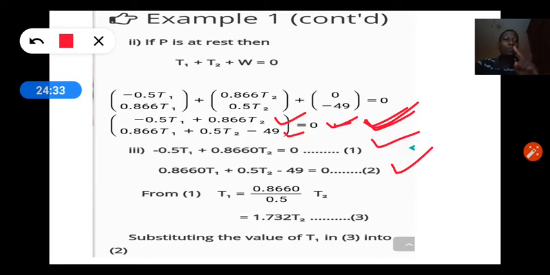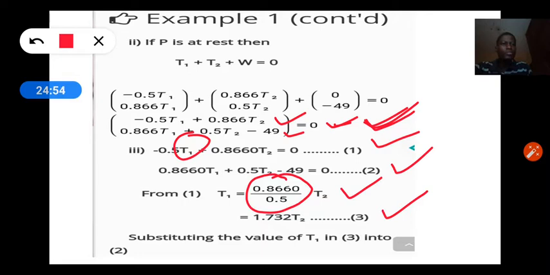Now I want to start from equation 1. If I make T1 subject of the formula there, this is what I have. Okay, good. Now if I simplify, punch my calculator, I'm going to have that 1.732 T2.